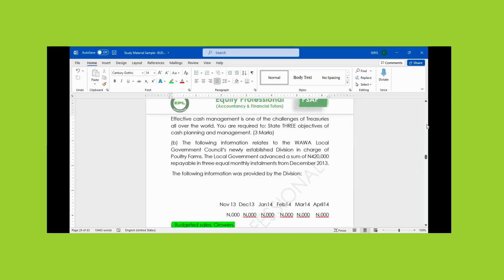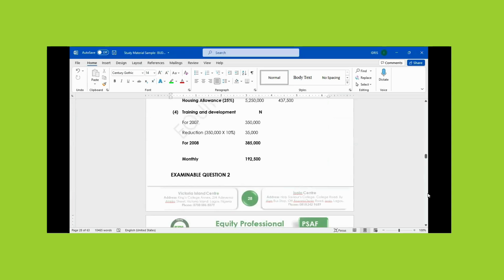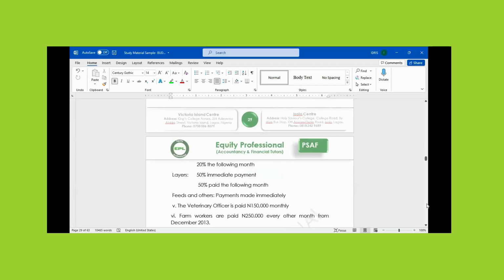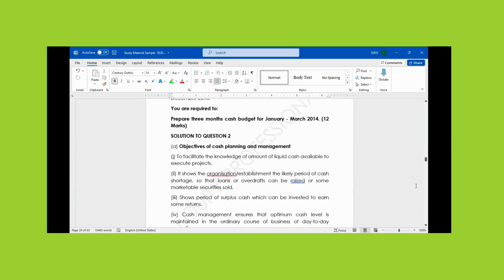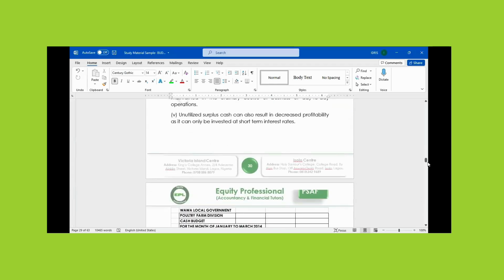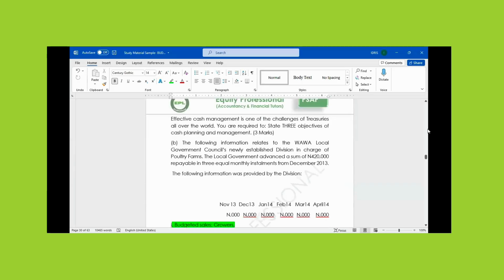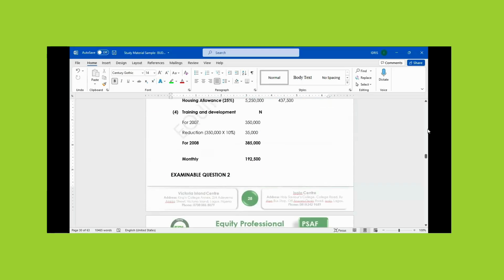If you read the question from the beginning to the end, there is no closing cash balance in December that will become an opening balance in January. We don't have that in this question, and we must get it. How do we get it?